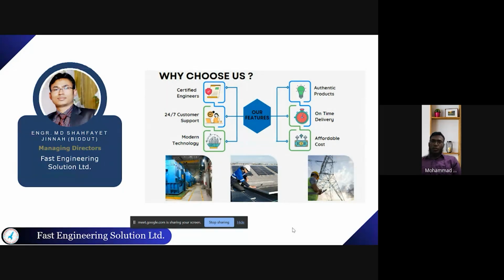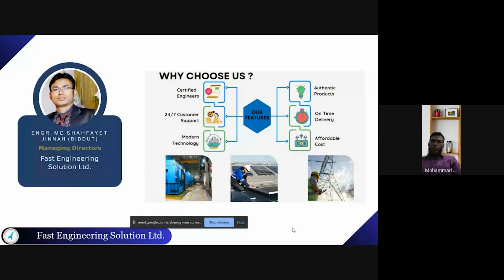But if you want any expertise that is industry based, like here we have Mr. Kamal and Mr. Tawfiq, who are working in the industries in one sector, that is energy management.